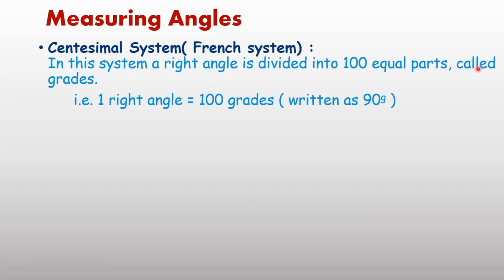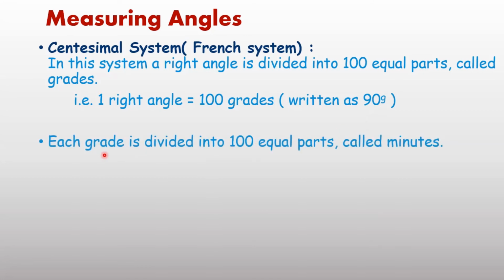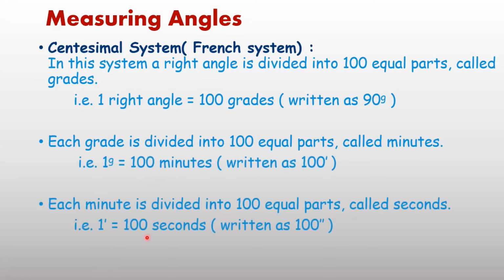Each part is known as 1 grade. It means one right angle equals 100 grades. This is the symbol for grades. Each grade is divided in 100 equal parts, and each part is known as 1 minute. It means 1 grade equals 100 minutes.